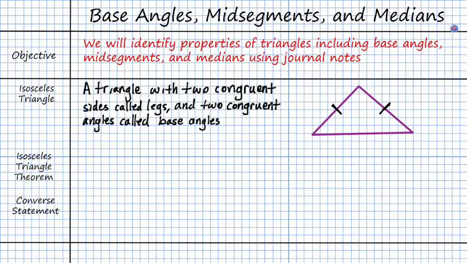So if we come over here, we can actually start labeling these. So we have our leg here. This is a leg. This is another leg, so those are congruent sides. Then we have our base angles, which will be here and here. And then obviously that's going to make this the base.